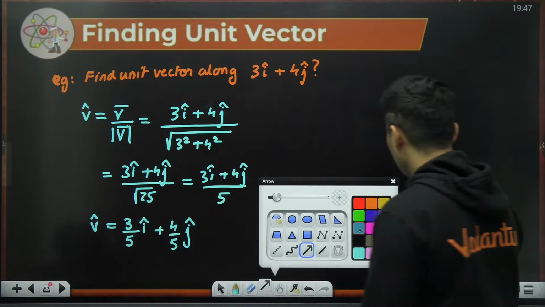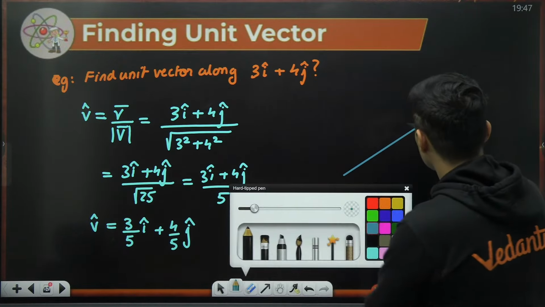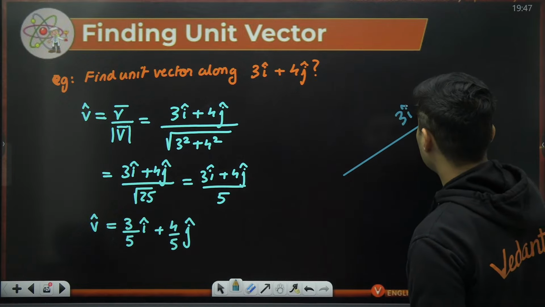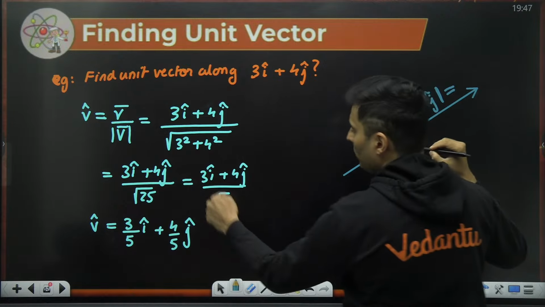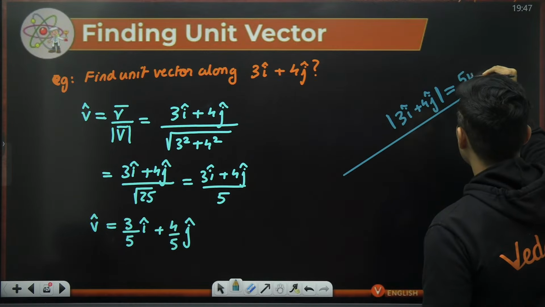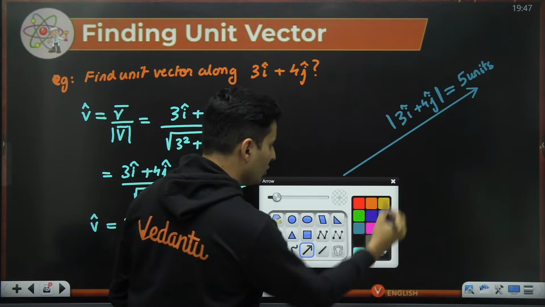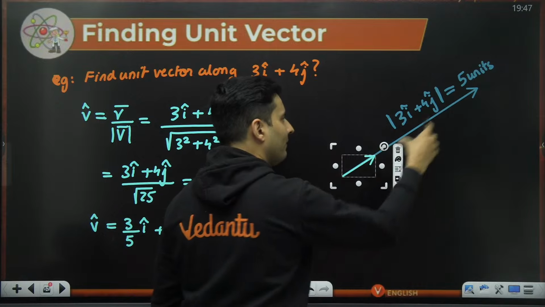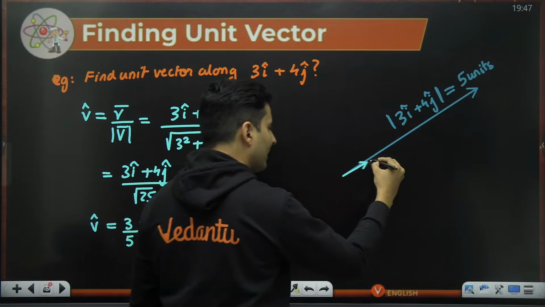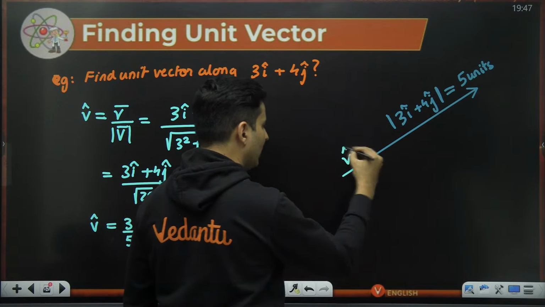Meaning, if I draw a vector like this, whose length is like this, 3i cap plus 4j cap. If you take the mod of it, we can see the mod of it was 5 units. So the unit vector is only this much. It's 1/5. If you take 5 such things, then you will get the total vector. So this is our unit vector.